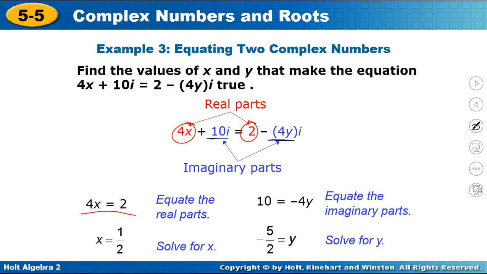But you don't really put the i's in here, it's just the b portion of it: 10 and the negative 4y. The i is just there to help you identify which part is imaginary, but the 10 is the part that we're going to equate to the negative 4y. So put those equal to each other and solve. So that's what we've done.